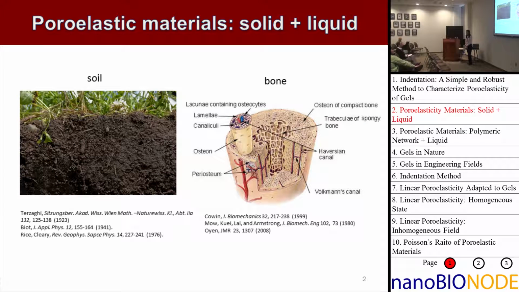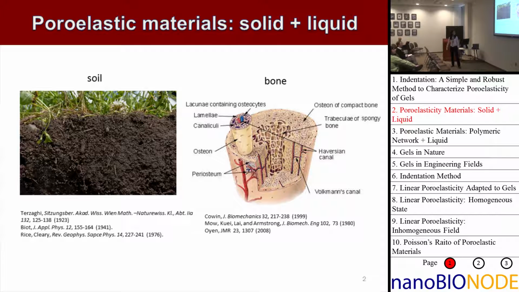So let's first take a look at what poroelastic material is. I saw some students there, maybe they don't know these concepts. Poroelastic materials are two-phase materials composed of both solid and liquid. The so-called poroelasticity was originally developed for soil material by Terzaghi, and later this theory was generalized by Biot, James Rice, and a few other scholars.